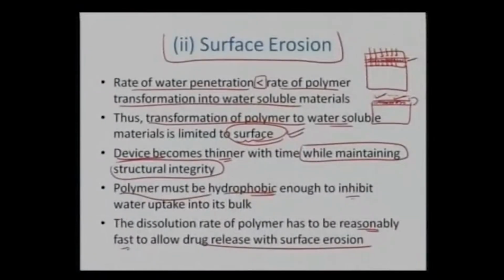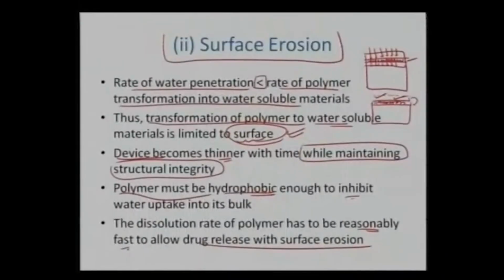In surface erosion, the rate of water penetration is much slower. So in the process, only the surface is getting eroded first. After surface erosion, the next layer of the polymer gets exposed to water, and then it starts becoming disintegrated into the water soluble components.